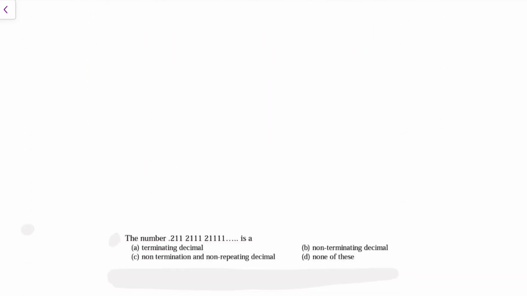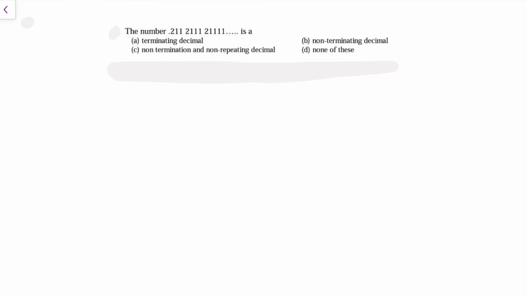Next question. The number 0.211, 211, 241 and so on is a. Now if we observe the question clearly, here dashes are there. Clearly we can see dashes. Those dashes indicate that it is not ending, not terminating. It means non-terminating.